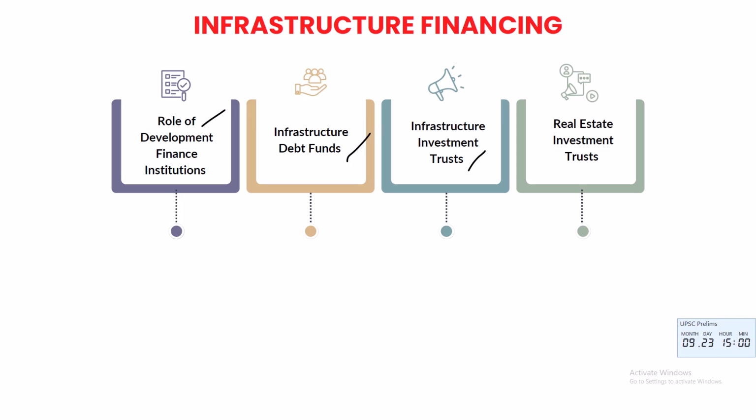They allow individual and institutional investors to directly invest in operational revenue generating infrastructure assets like toll roads and power lines. Real estate investment trust. Similar to InvITs, but for real estate, they own, operate, or finance income generating properties like office spaces, malls, and warehouses.